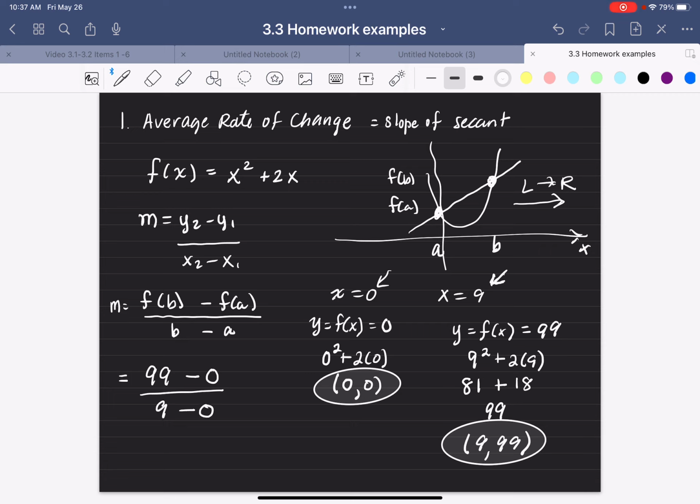So this is our x1, y1. This is our x2, y2. And so that's how our slope formula comes out. And that gives us an average rate of change, or the slope of the secant, as 11.